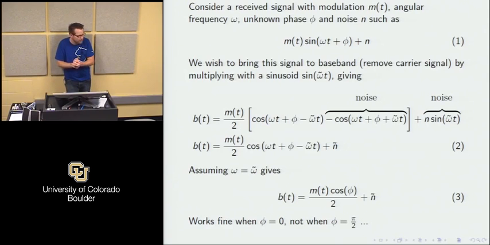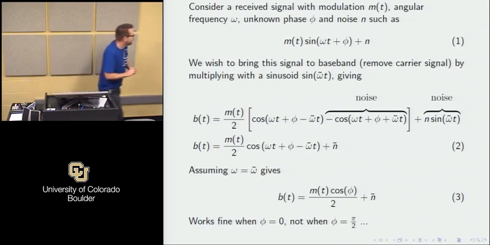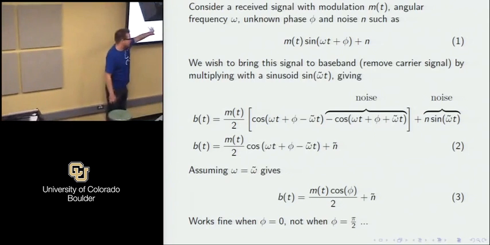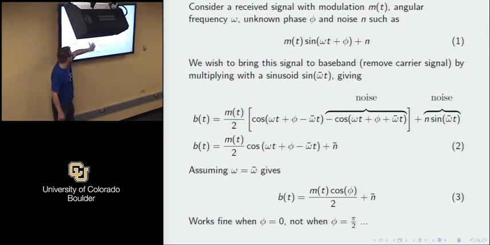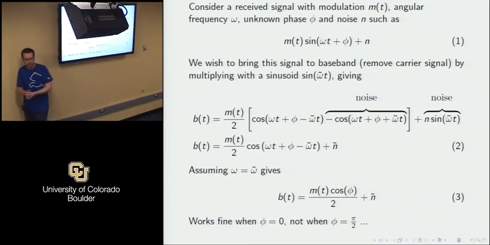Does it make sense? Because we never want this to happen in the front end. We have this, but we never assume this to be the same as this. So we never end up here. We're here. So we're still going to have a carrier frequency.